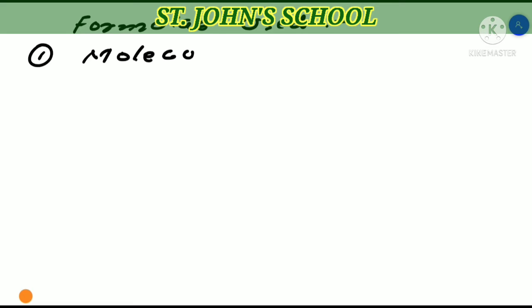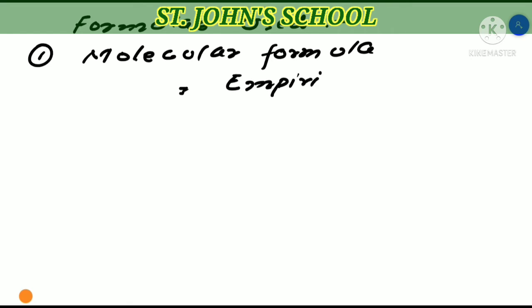If you are able to calculate the empirical formula, but the question asks for the molecular formula, then how will you write it? The molecular formula is (empirical formula) within bracket n. And now we need the value of n in order to get the molecular formula.